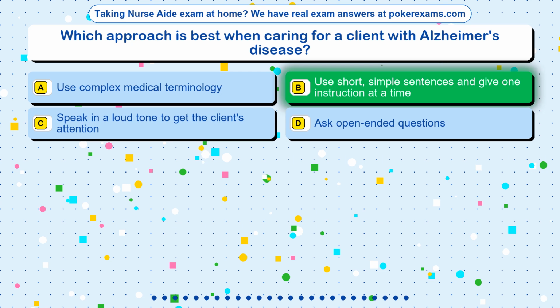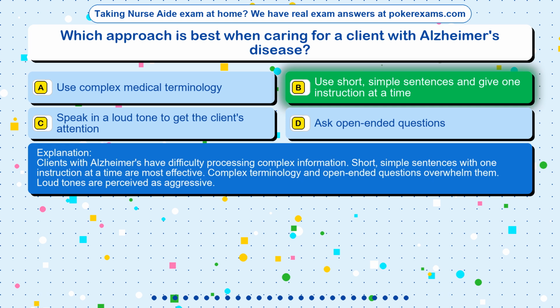The correct answer is option B, use short, simple sentences and give one instruction at a time. Clients with Alzheimer's have difficulty processing complex information. Short, simple sentences with one instruction at a time are most effective. Complex terminology and open-ended questions overwhelm them. Loud tones are perceived as aggressive.